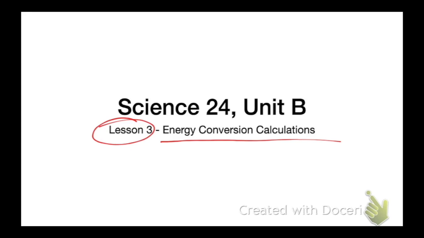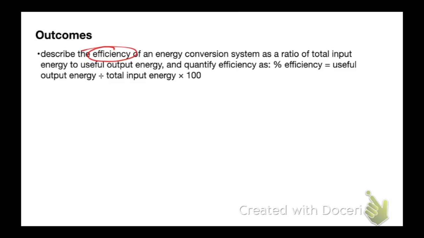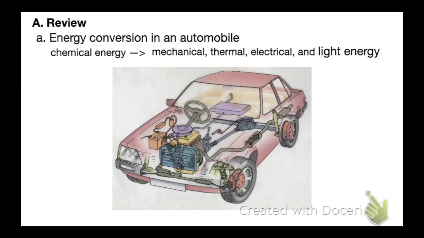All right. We're going to calculate efficiency, and we're going to do two different types of calculations. So remember that we have energy conversion in an automobile. Gasoline we put into our gas tank, and then we pump that gasoline into the engine, and then we burn it.